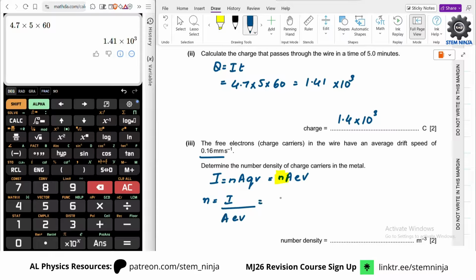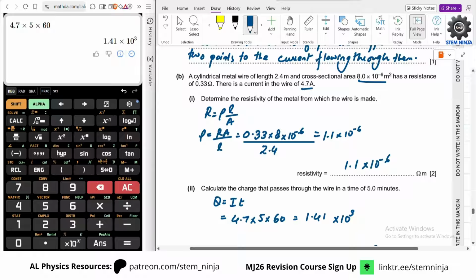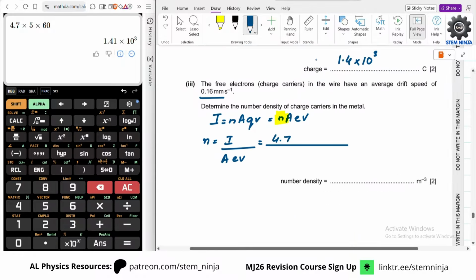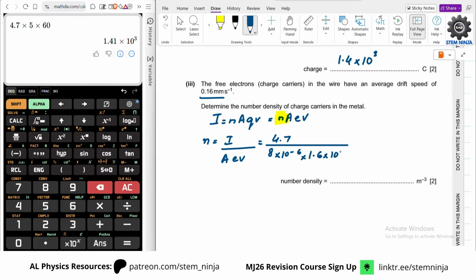So I is 4.7 amps divided by the cross-sectional area, 8 times 10 raised to the power minus 6. e, the fundamental charge, is 1.6 times 10 raised to the power minus 19 coulombs, and the velocity is 0.16 millimeter per second, so you need to convert it into meters.